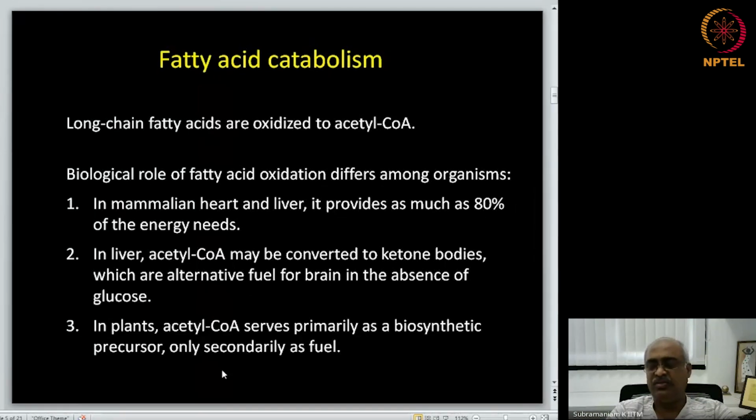Any of you are aware of anybody who follows that kind of a diet? Where they do not eat carbohydrate, but they eat a lot of fat and protein. You are allowed to eat butter as much as you want, meat as much as you want, but you are not allowed to eat rice or wheat.